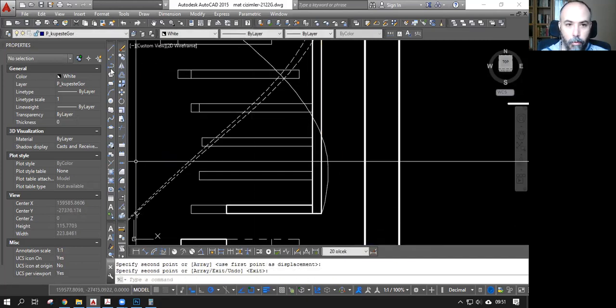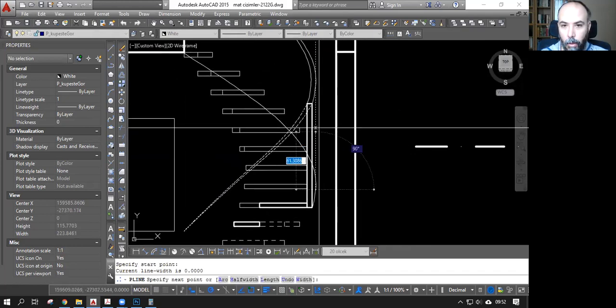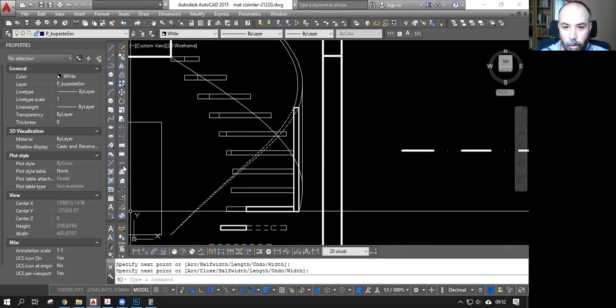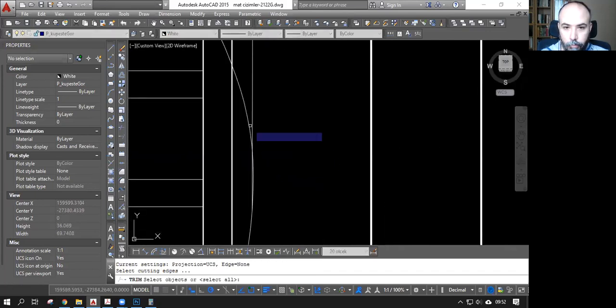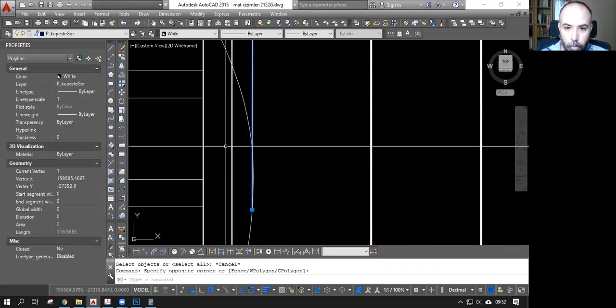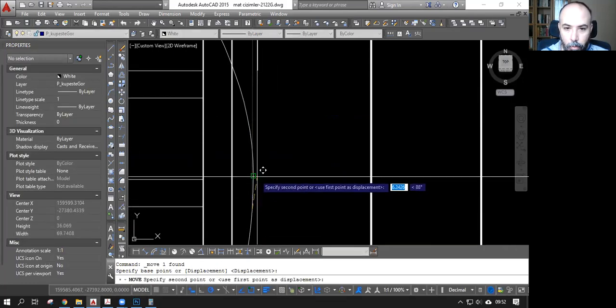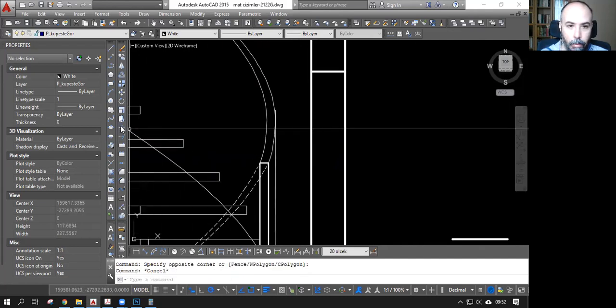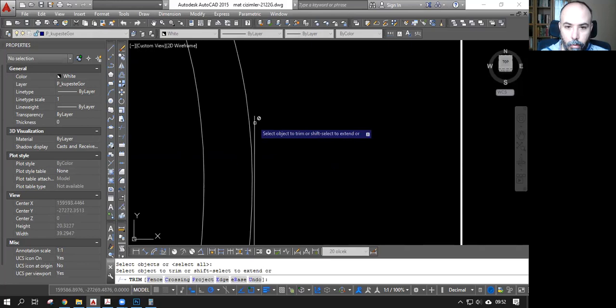So this is how I'm going to do that. I'm going to copy the handrail, and that's the platform. Let me try. Yeah, that's better. So that's the other part.